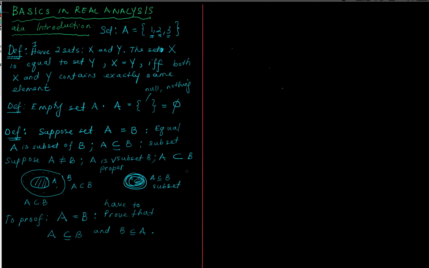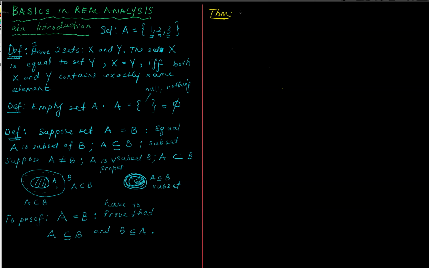Okay, let's take a look at other simple theorems that we want to use in this. So we have taken a look at definitions. Now I have written down several theorems here. So let's take a look at the theorem now.